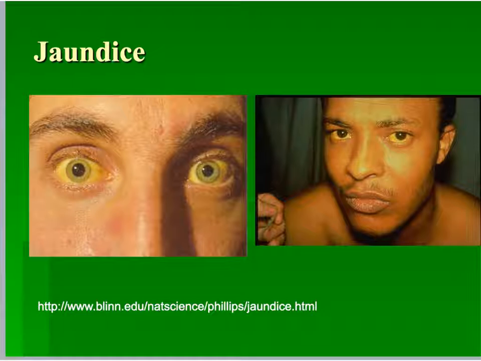So when patients have liver disease, they present in a state of jaundice. Jaundice is characterized by the yellow discoloration of the skin, the mucous membranes, and the sclera of the eyes. That's really because of bilirubin being deposited in these different areas of the body.